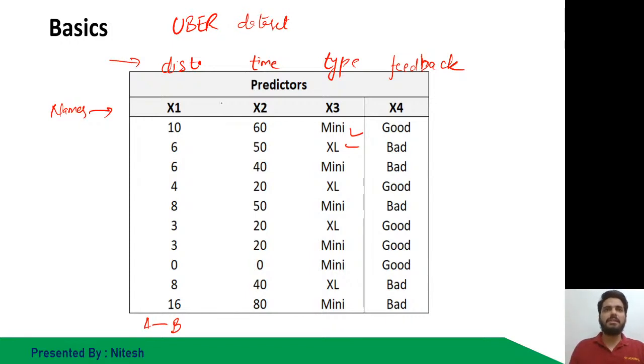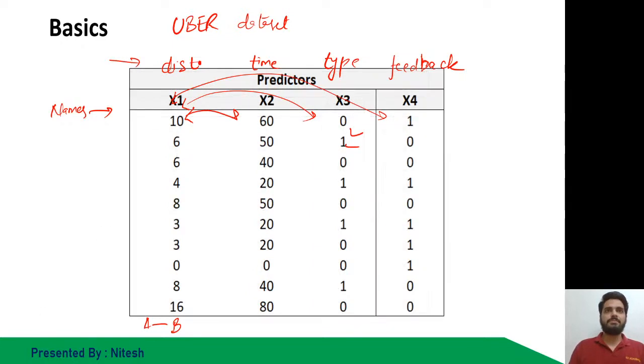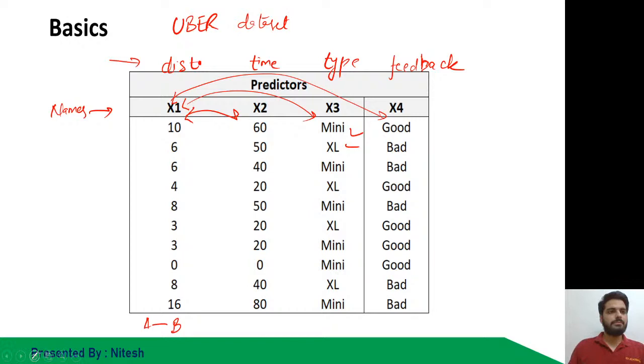It systematically builds relationships between x1, x2, or x1, x3, or x1, x4, or x2, x3, or x2, x4. On the basis of various relationships between different columns, it is able to categorize the records.